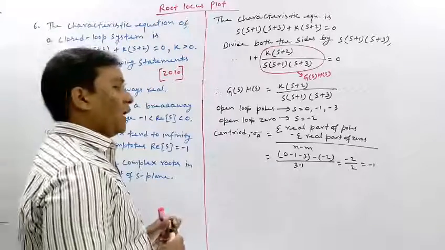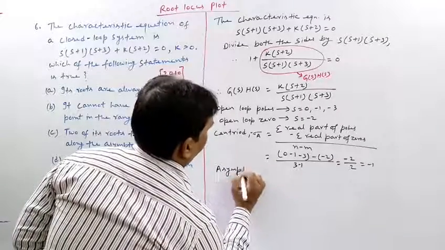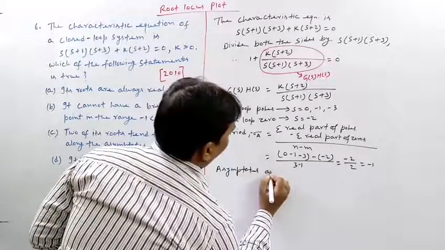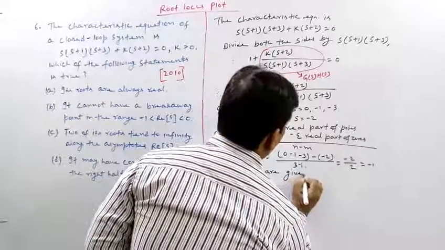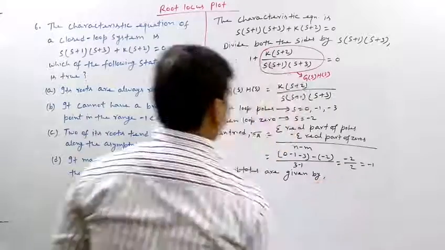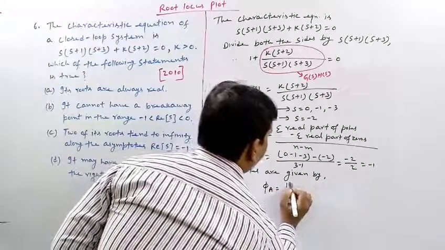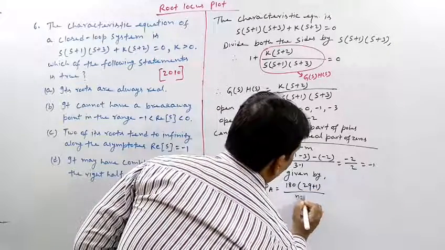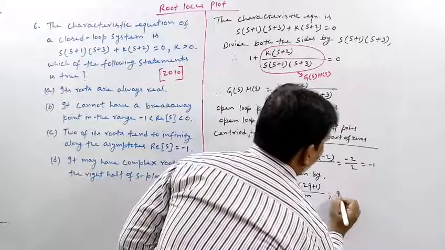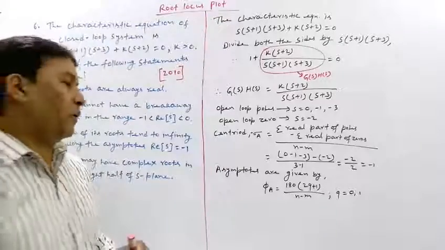Now what will be the asymptotes? So asymptotes are given by phi a equal to 180 multiplied by (2q plus 1) divided by n minus m, and q will vary from 0 to 1 because there are only 2 asymptotes.